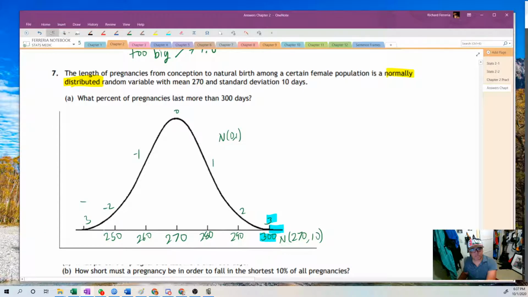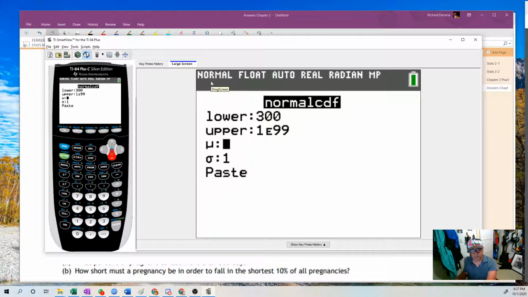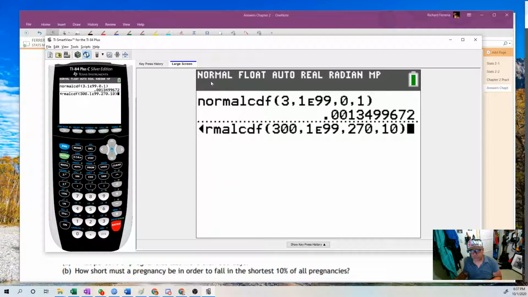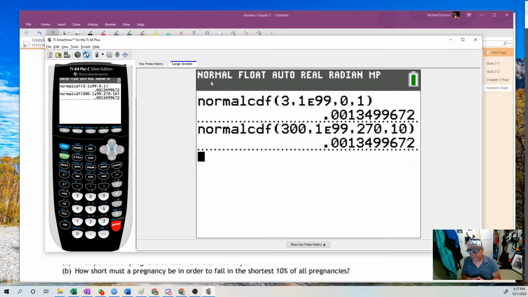So the mean for pregnancies is 270, standard deviation is 10, and we should get a result that's really close. And yeah, that's pretty spot on, I would say, 0.0013.